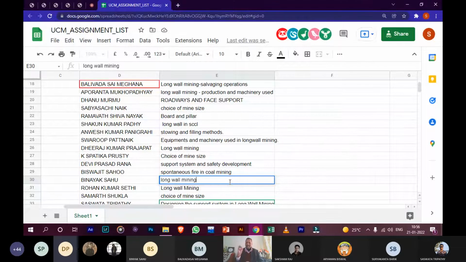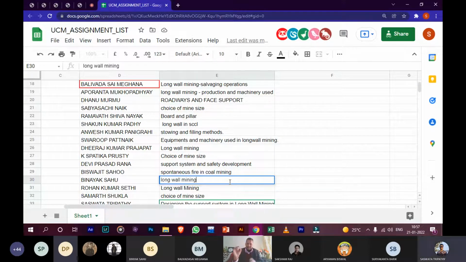Even improvement in the shield design or the support is required. Improvement in the shearer itself, in the cowl and in the design of picks. There are so many things, improvements required in the design. And there will be hundreds of PhDs on each topic.